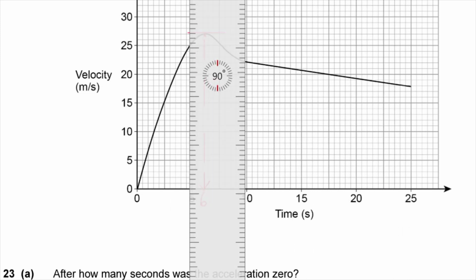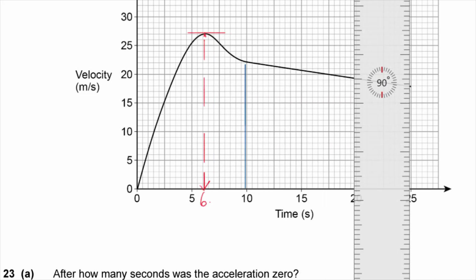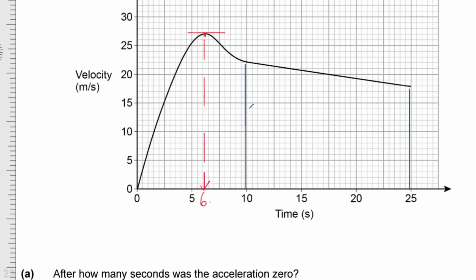So it's this section here, from here down to here. Now you'll see that this section of the graph is a straight line. So this section here we're looking for.